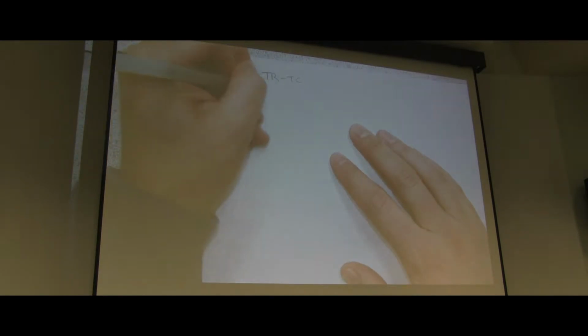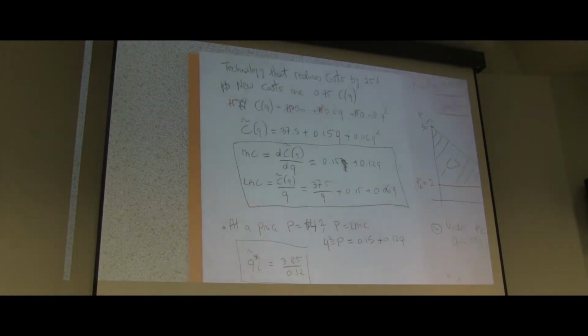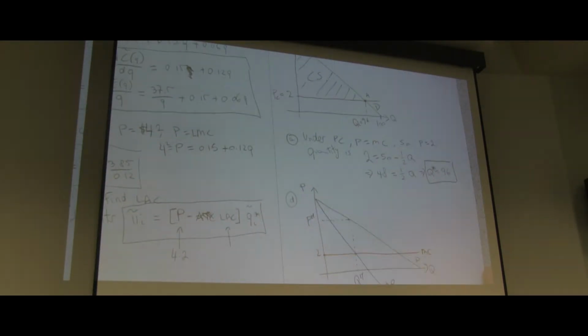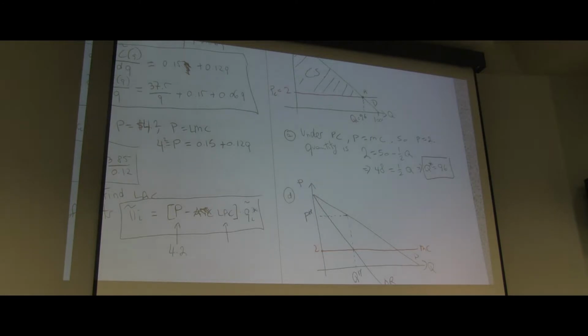Total revenue is price times quantity. And total cost, I didn't give you the total cost. I think when I gave this exam, I was clear in class what I meant by total cost. So let me be clear about what I mean by total cost.